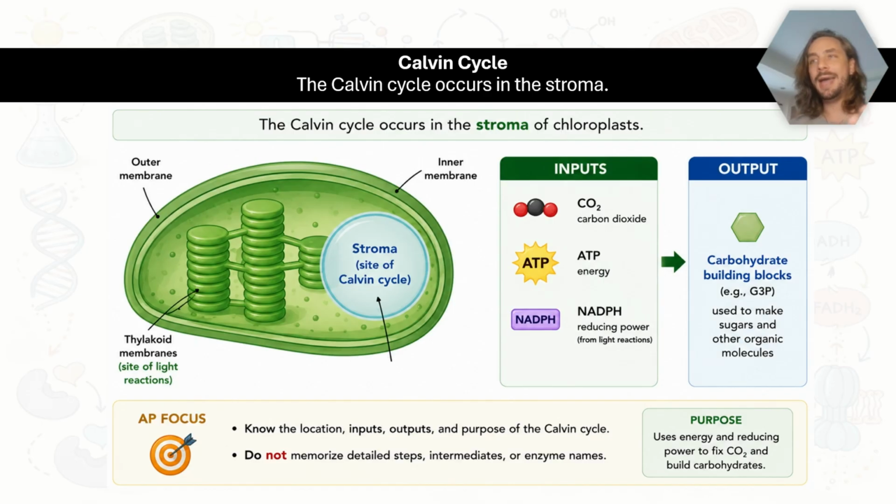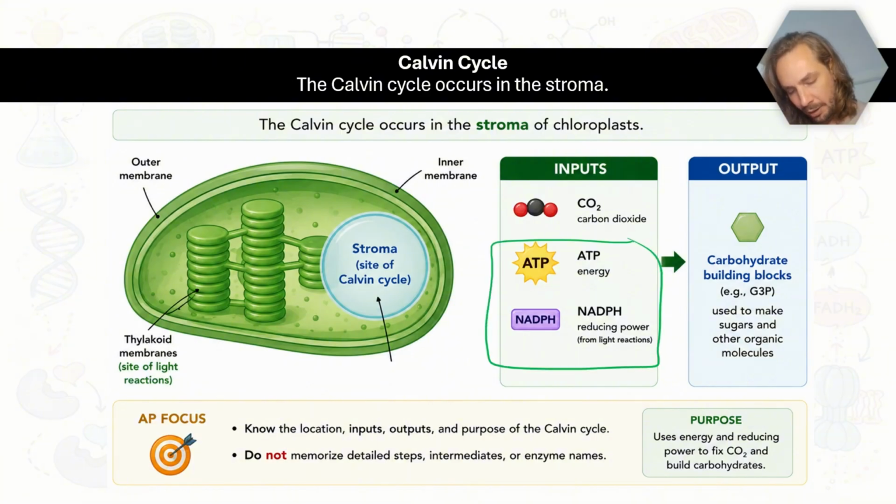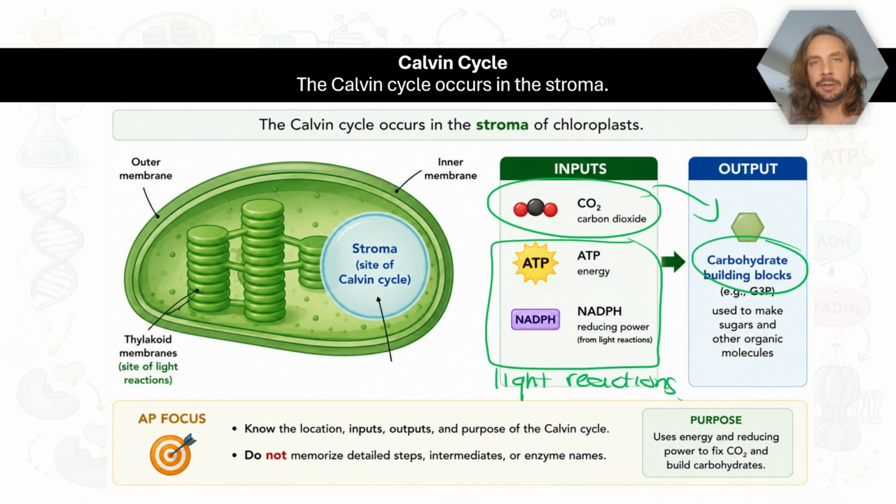NADPH and the ATP that we have created, and remember these inputs come from the light reactions. And we're going to use that and carbon dioxide to ultimately make a carbohydrate building block.